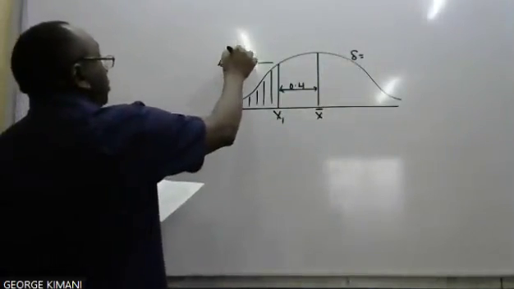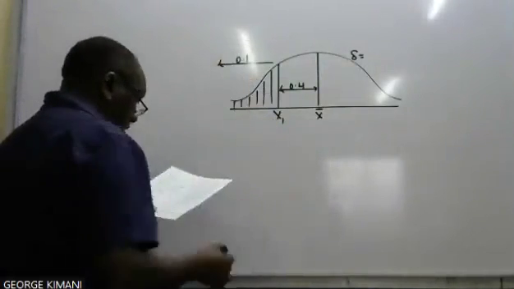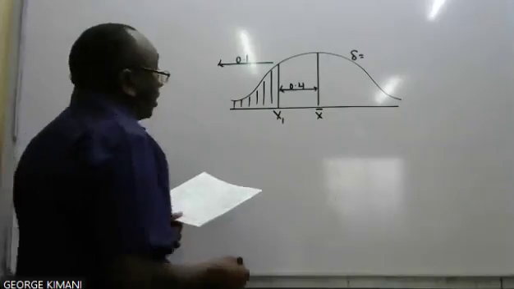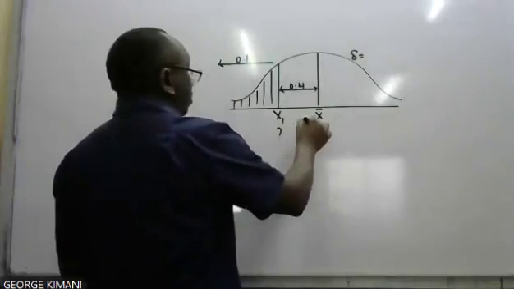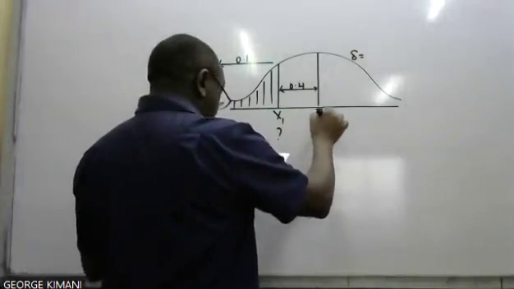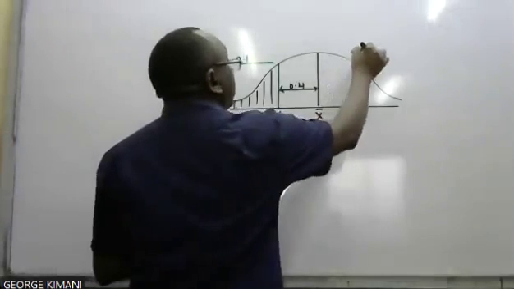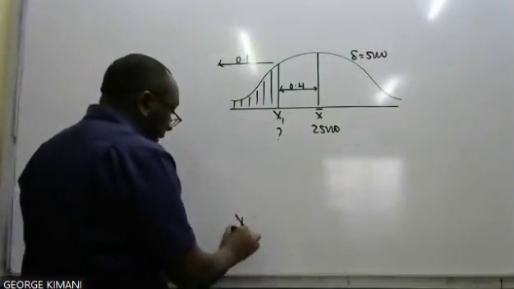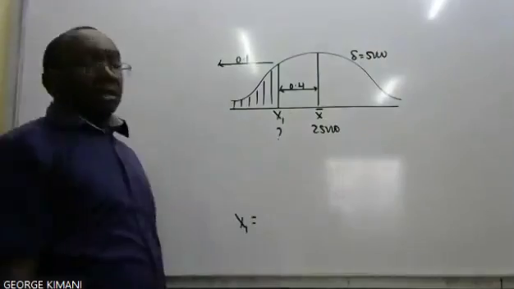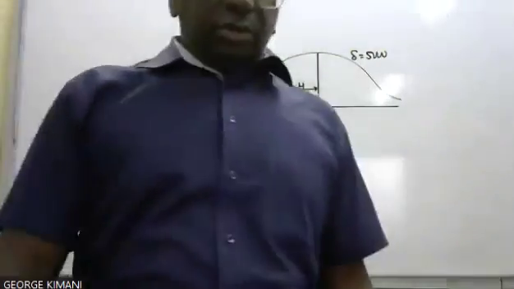So obviously this is 0.1 and this is 0.4. So this is what you're looking for. So this is 25,000 and this is 5,000. So solve and tell me, X1 is what?